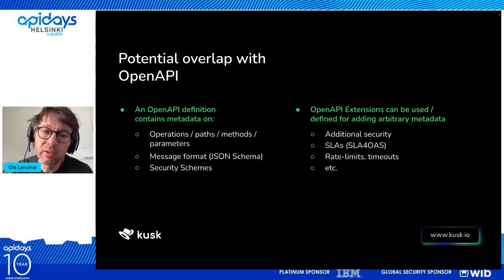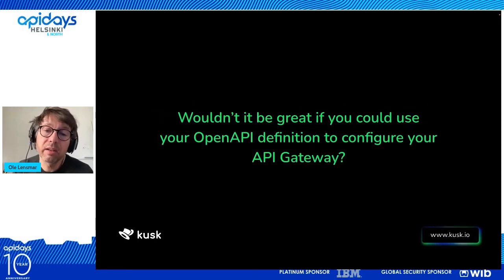There's a message format and there's security schemes defined in your OpenAPI definition. And then you can even use OpenAPI extensions to provide additional metadata for your APIs. There's a standard SLA for OAS for defining SLAs, and there's a lot of different approaches to defining more operational aspects using extensions. So that's definitely an overlap with what you would say today that a gateway does.